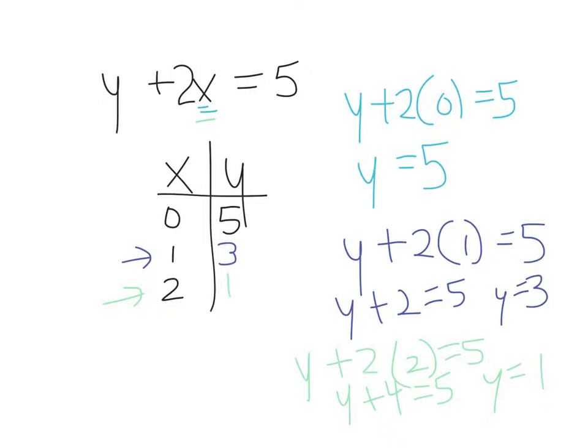So when x is 2, y is going to be 1. We're going to spend a whole lot of time on this, this introduction to this important algebraic concept and graphing, which we're going to tackle tomorrow in another video. But the whole concept of this is that you're trying to plug in values and seeing what works, and then trying to come up with your own points that work as well.